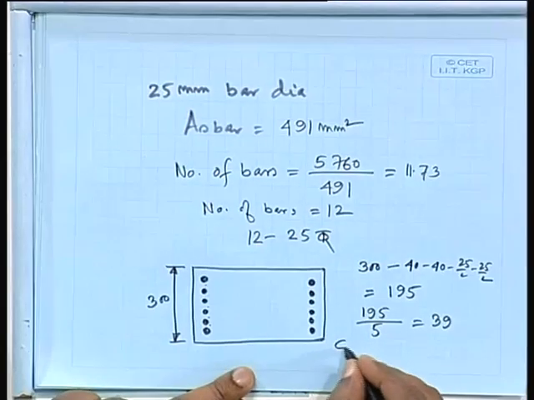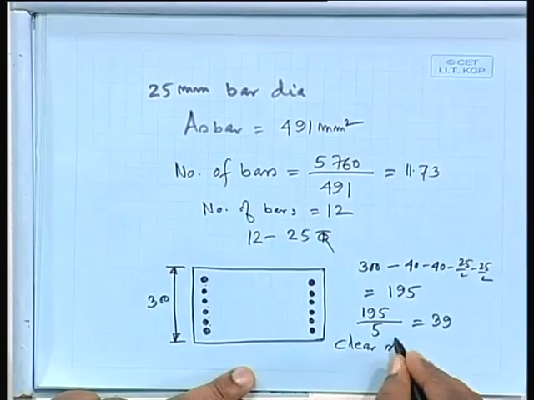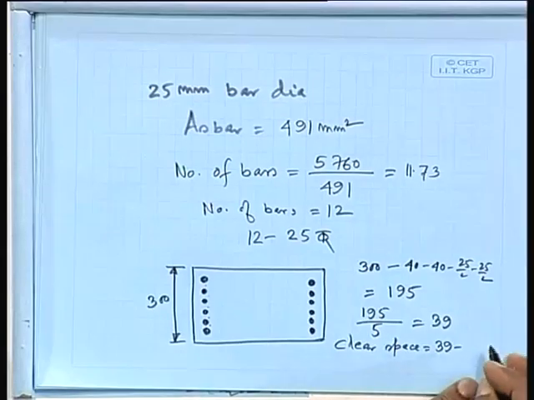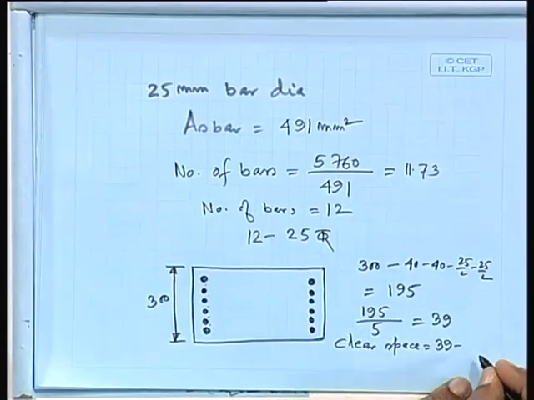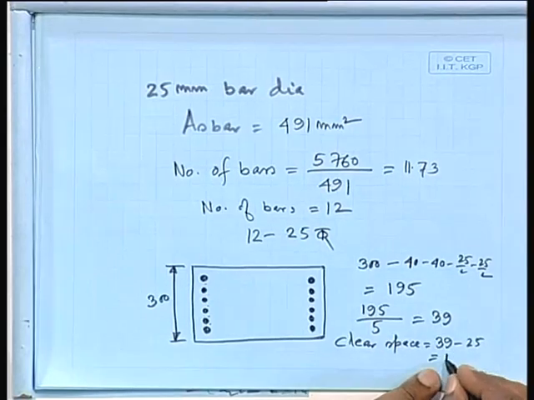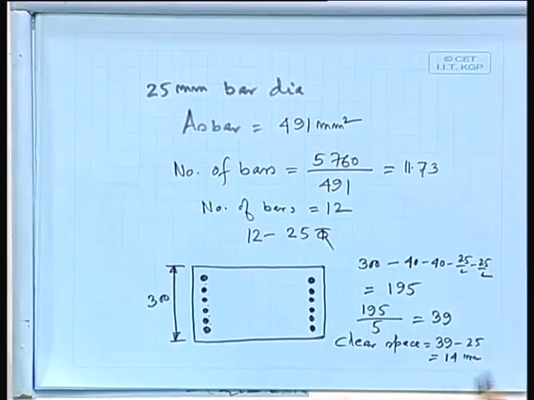So how much will be the clear space then? 39 minus 25 equal to 14 millimeter. So clear space between the two bars we are getting 14 millimeter.